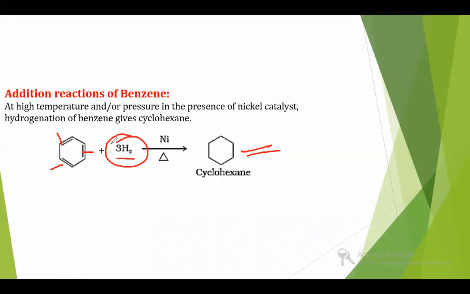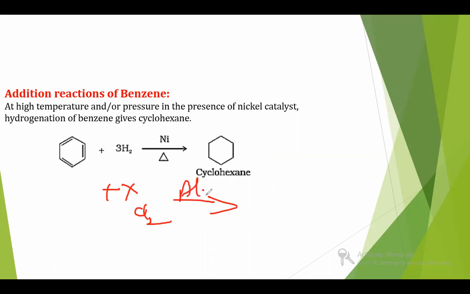Instead of that, we can add a halogen to the benzene ring, treating it with a halogen X2, like Cl2, Br2 or I2. Usually chlorine and bromine are preferred. When we treat with Cl2 or Br2 in the presence of anhydrous aluminum chloride, AlCl3, at 300 to 320 Kelvin, the chlorine is substituted on the benzene.